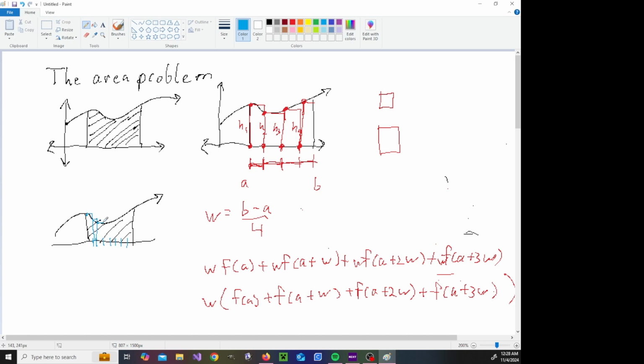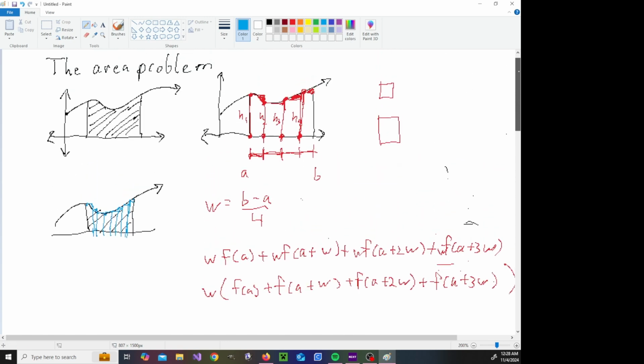Then these rectangles are much thinner, and I'm getting a lot closer to filling up the space with exactly as much as I want. If we could see the area that we miss on each of these, I'm filling in red, and then heck, I'll even fill in red here the area that we overestimate. There's a lot less of that happening here. These tiny little pieces are really small. And so it turns out the more rectangles that I use to estimate, the closer I'm going to get to the actual area here.